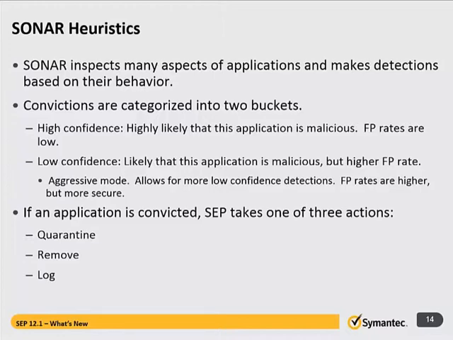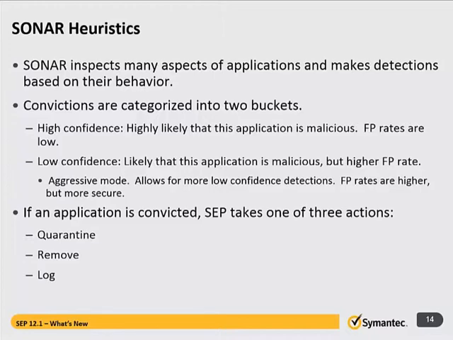Convictions are categorized into 2 buckets. So you have the high confidence and you have low confidence. As you can see here, low confidence, aggressive mode allows for more low confidence detections, but you get a higher false positive rate. So making changes to that can cause issues within your environment.